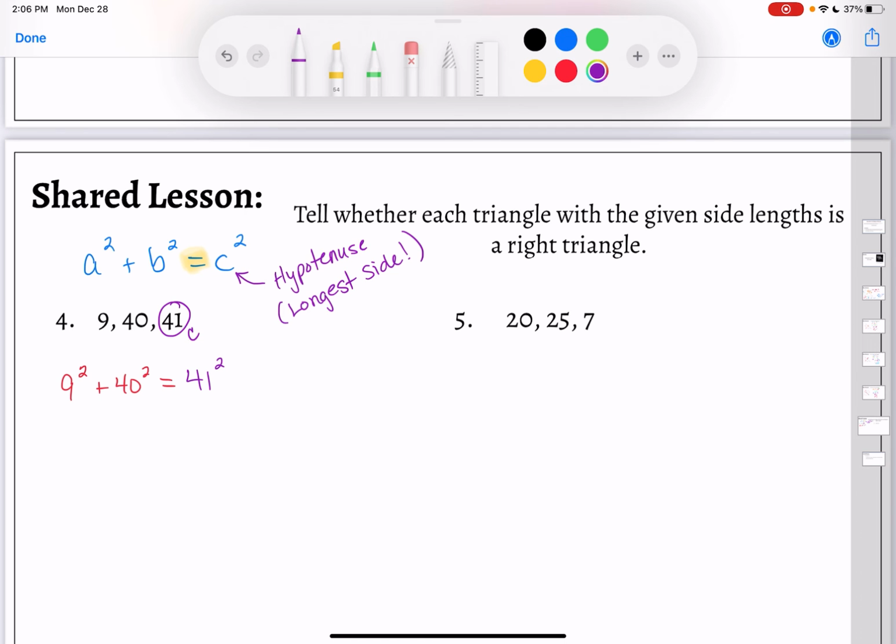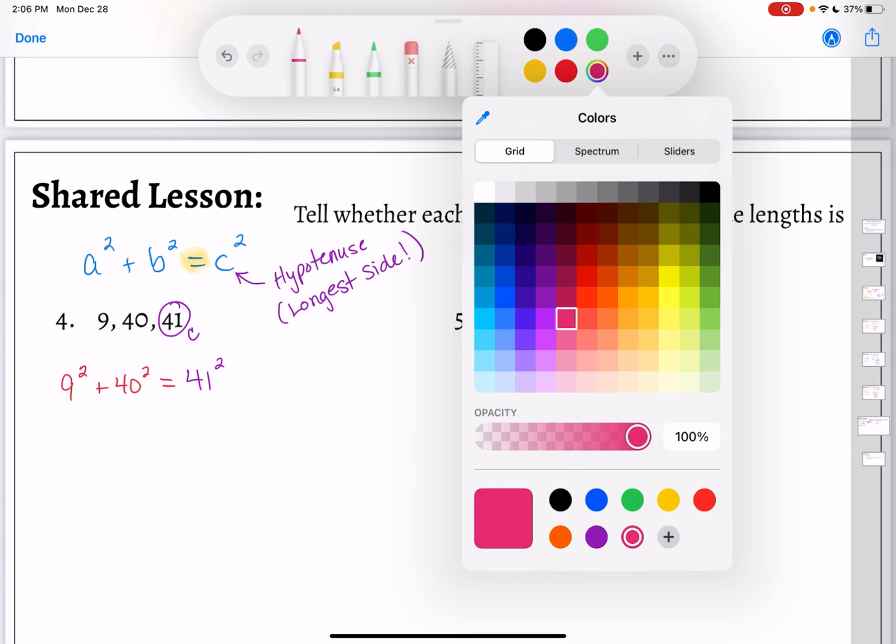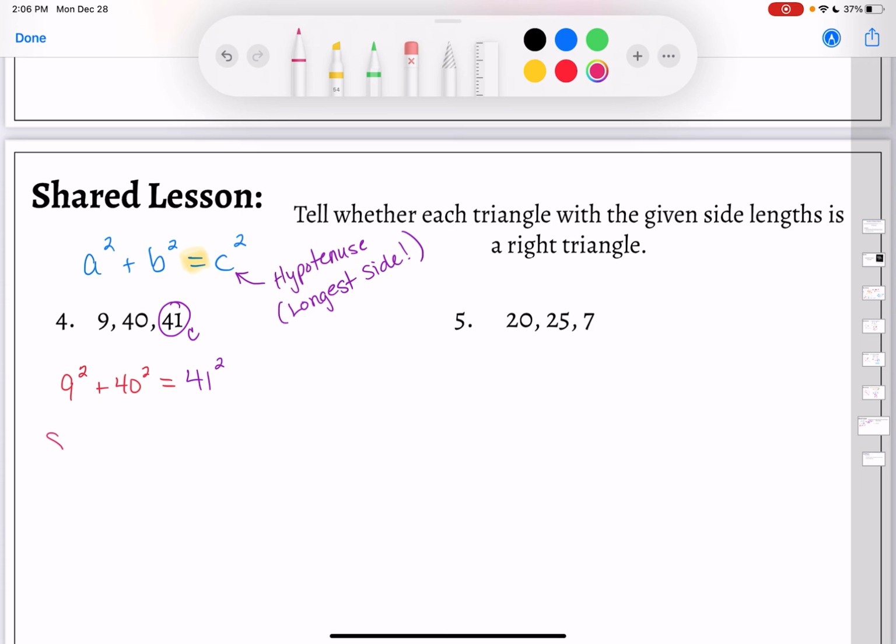All right, so 9 squared is 81. 40 squared is 1600. 41 squared, probably have to get your calculator out for that one.